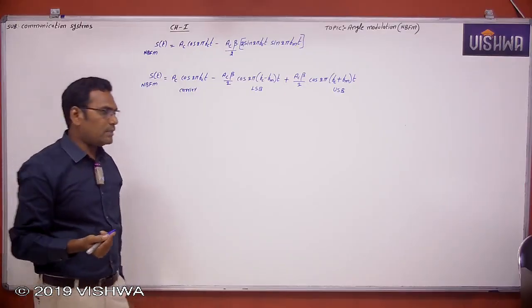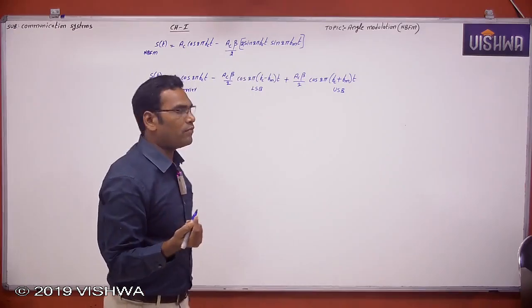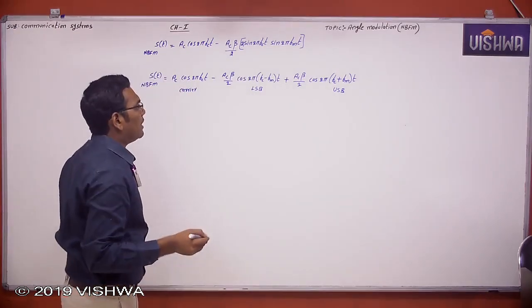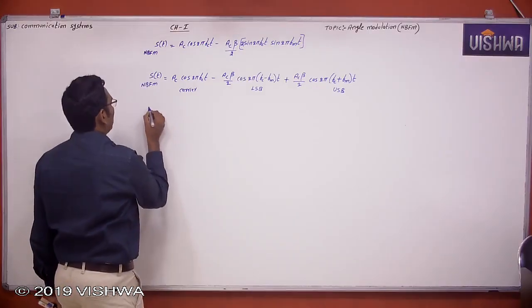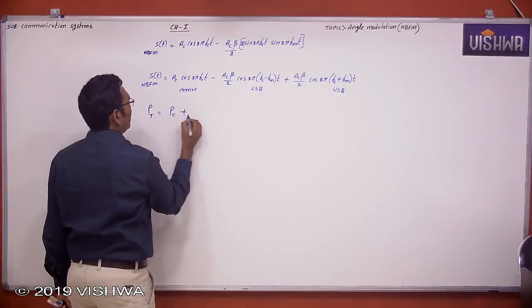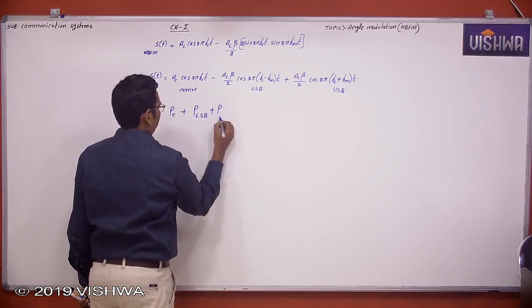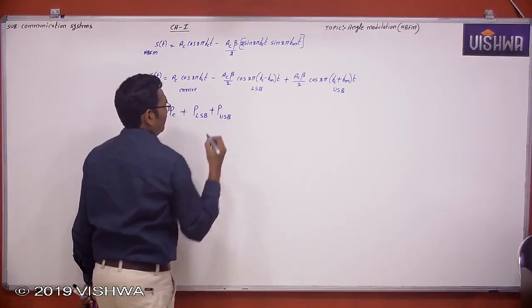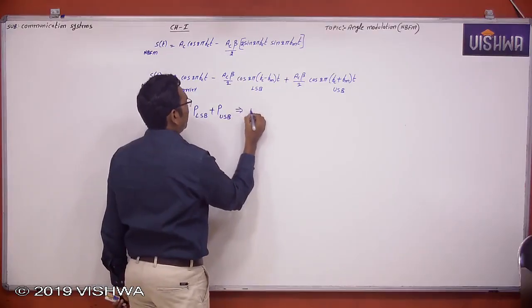Now we have not yet seen the frequency domain of narrowband FM and what the bandwidth of narrowband FM is. Before we calculate the bandwidth, let us first take power. What is the total power? The total power is the power taken by the carrier component plus the power taken by the lower side band plus the power taken by the upper side band. Right? What is the power taken by the carrier component?